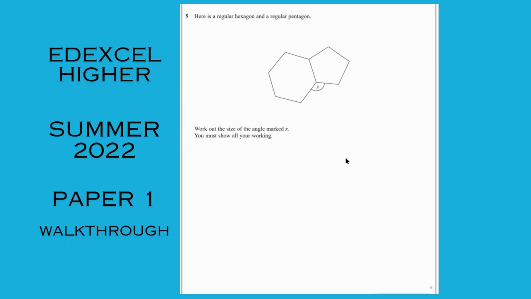Number 5, a couple of ways you can go about this. You can go internal angles if you want, but I'm going to go for external angles, chopping it in half. So you've got a hexagon. So 360 divided by 6 means the external angle of a hexagon is 60. 360 divided by 5 means the external angle of a pentagon is 72.